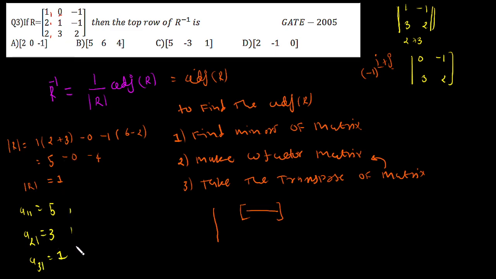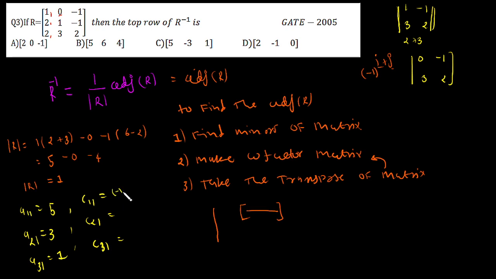So now I have to find the cofactors. I denote them as C11, C21, and C31, because C stands for cofactor. What I have to do is simply multiply each value by minus 1 raised to the sum of these two indices.